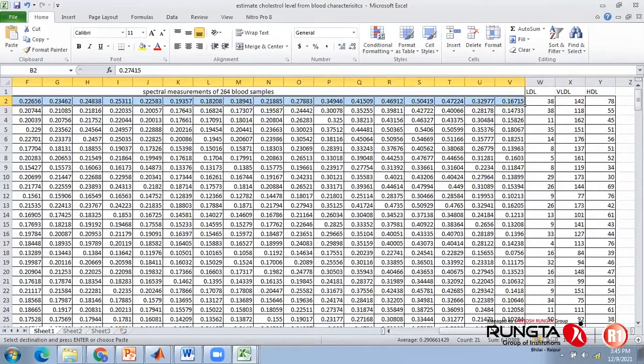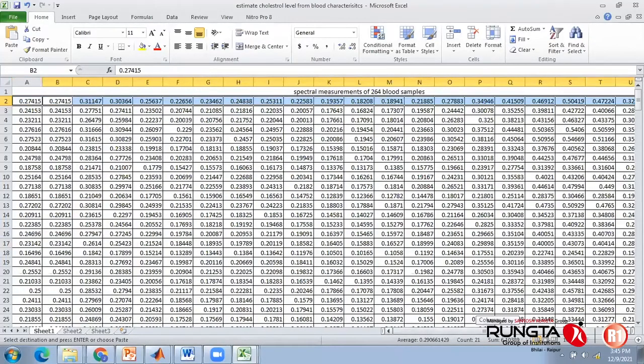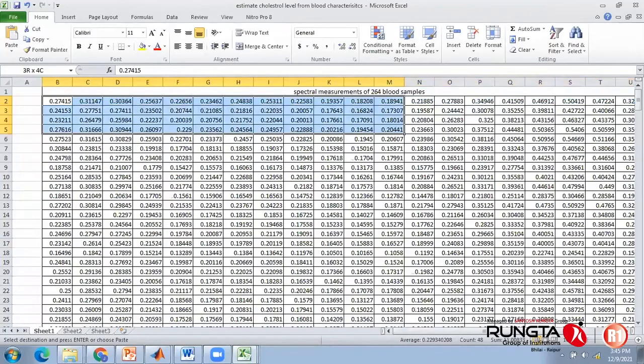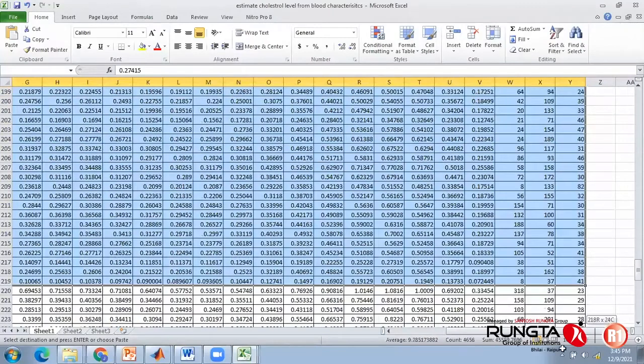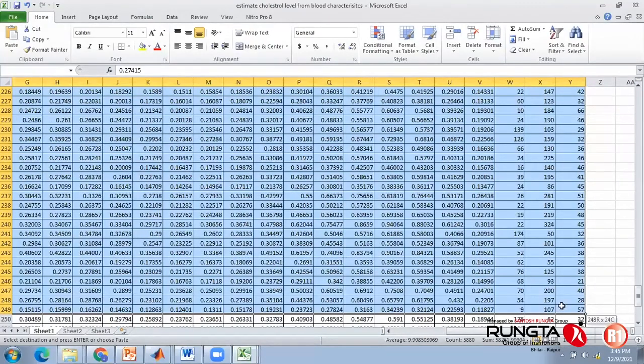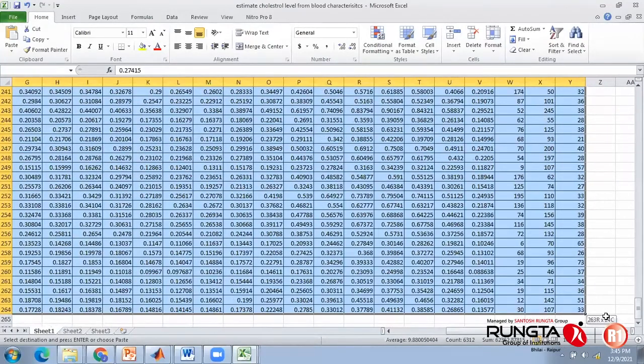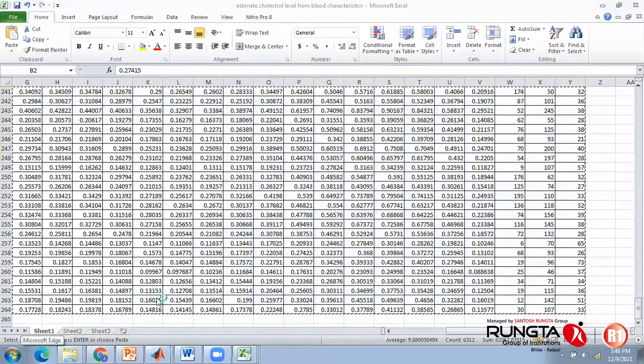So now let me train this by using SPSS. We are aware of MATLAB, so let's talk about SPSS now. This consists of 263 data sets. Let me copy this from the Excel sheet and launch SPSS.